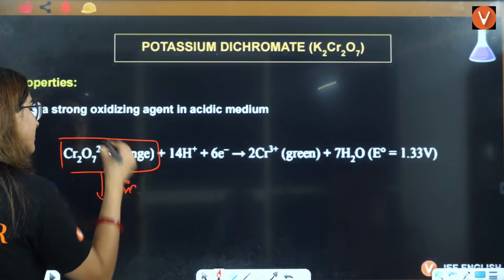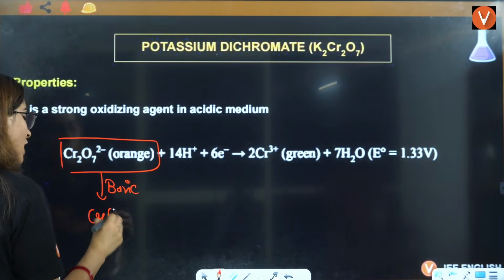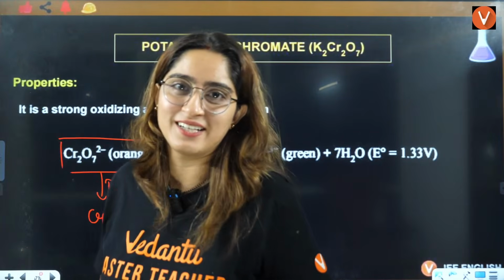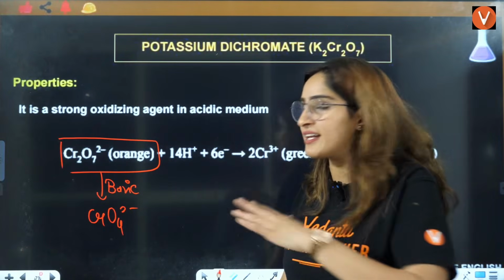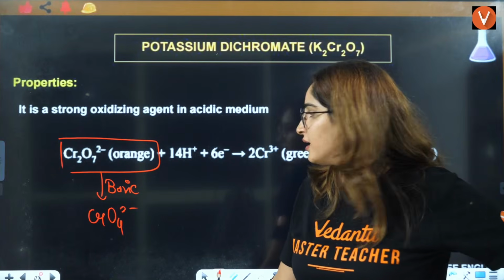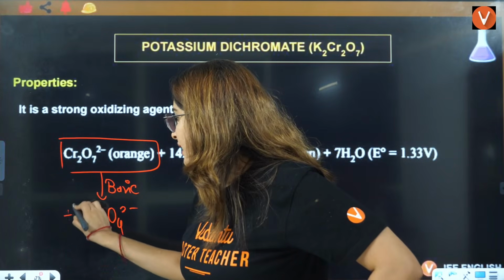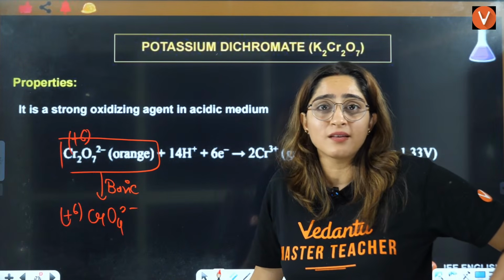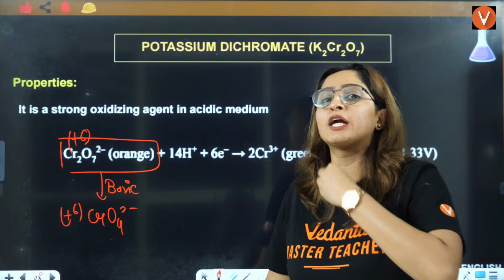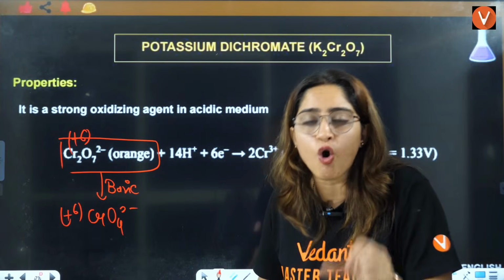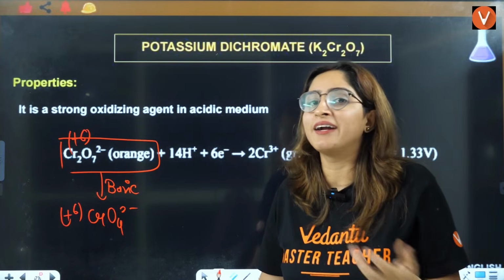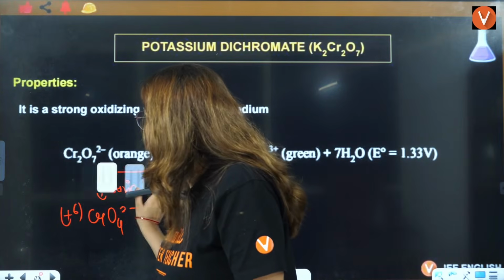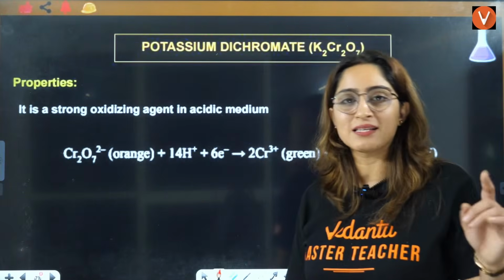In basic medium, it is converted to CrO₄²⁻, which is +6, and this is also +6. Because in basic medium it is converted to chromate where there is no change in oxidation state, it is not going to act as an oxidizing agent. It will only act as an oxidizing agent in the acidic medium, right?